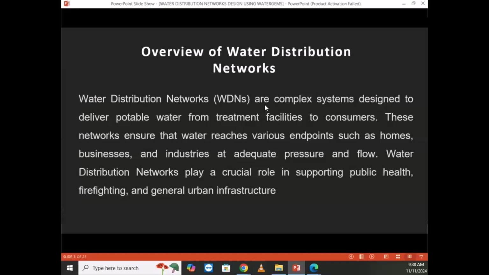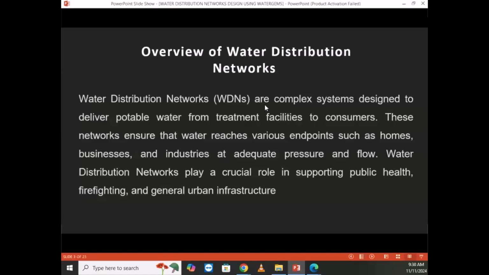Does anyone else have another idea? When we say water distribution network, most of the time we are talking about a complex system.